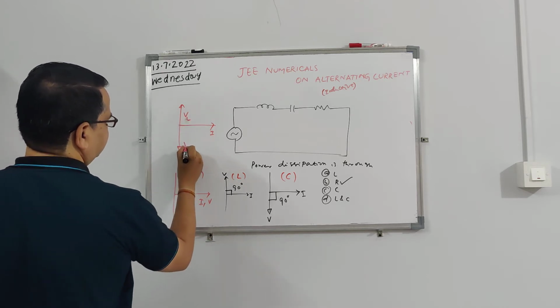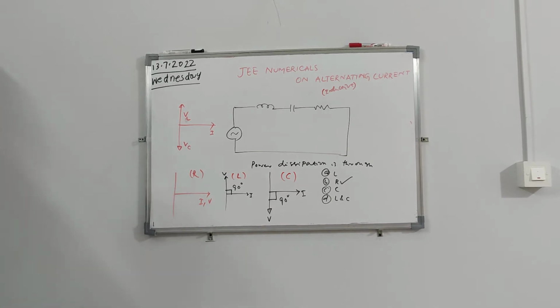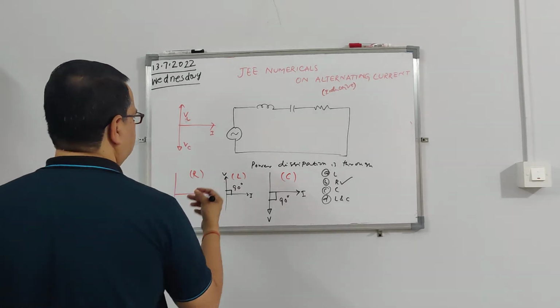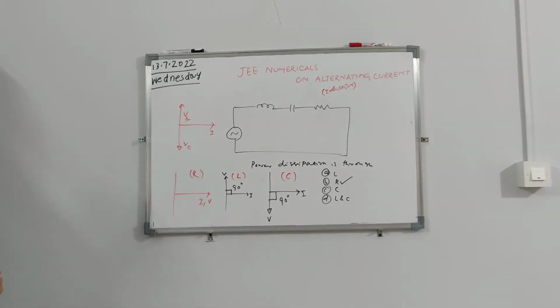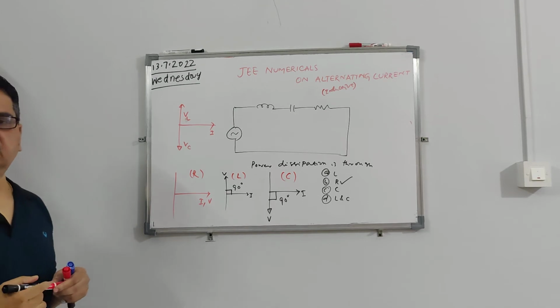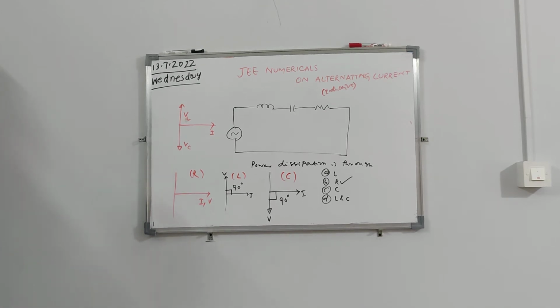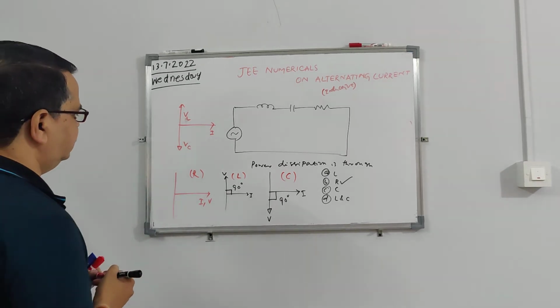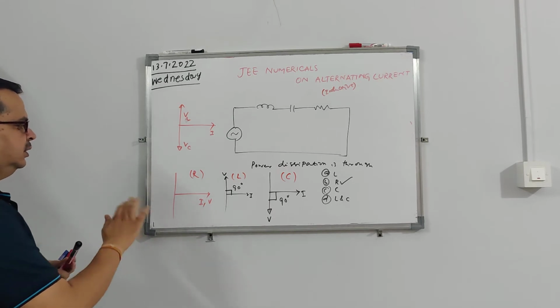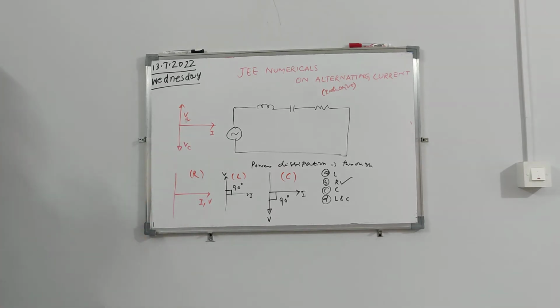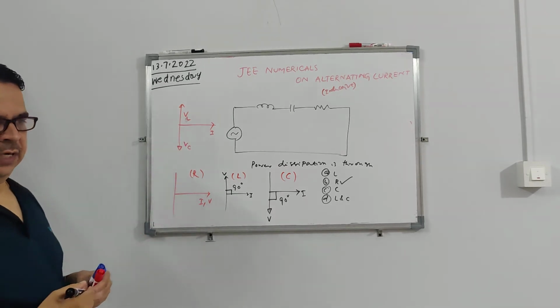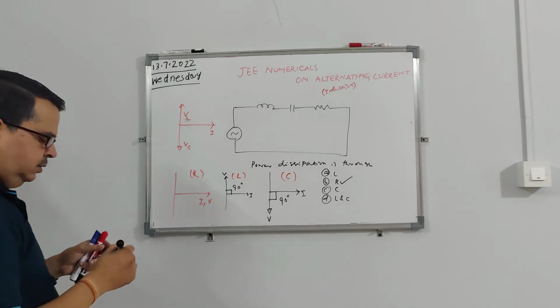So the phase angle with the current will depend on the relative magnitude of VL and VC. That is how the LC circuit will behave.